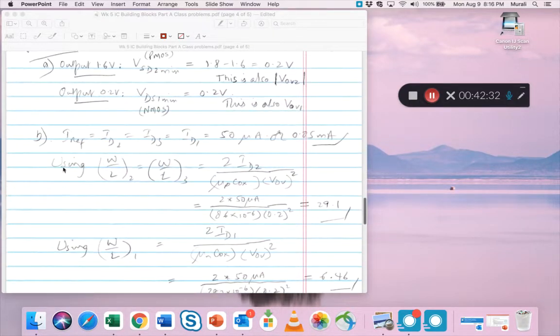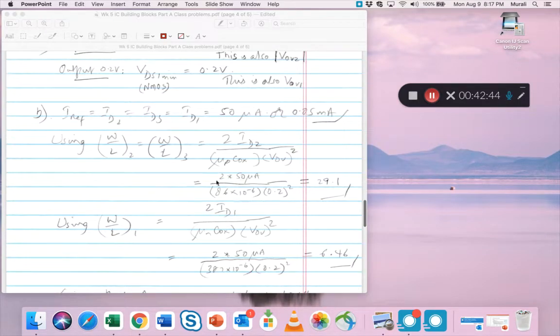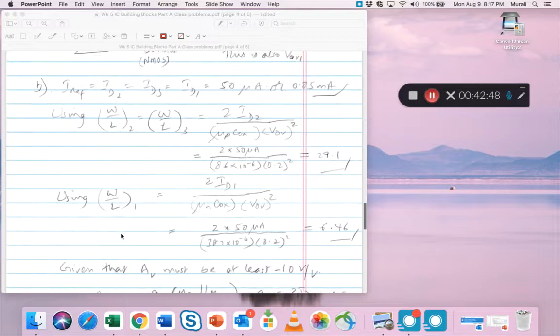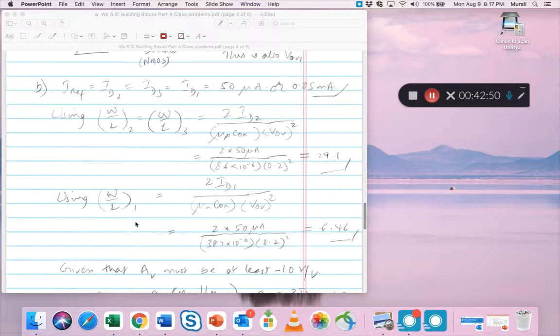Part B, I reference. All these currents are basically the same thing, which is 50 micro or 0.05 milliamps. Then using this formula, we get W by L, which is required to be 29 for transistor 1. Now remember 2 and 3 are PMOS. For NMOS, the W by L is different.